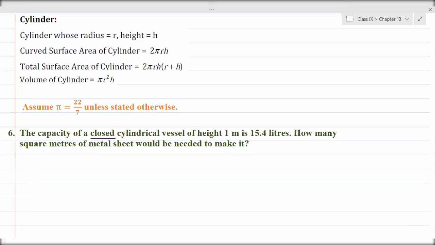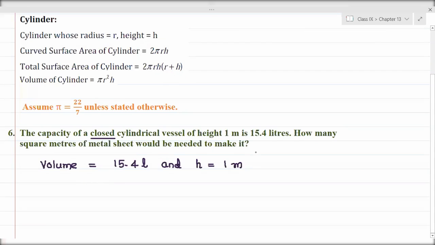Second thing, the capacity is given here as 15.4 liter, means we can say that volume is given in the question as 15.4 liter, and one more thing is given, height is equal to 1 meter. The cylinder has the capacity 15.4 liter, and the height given here is 1 meter.